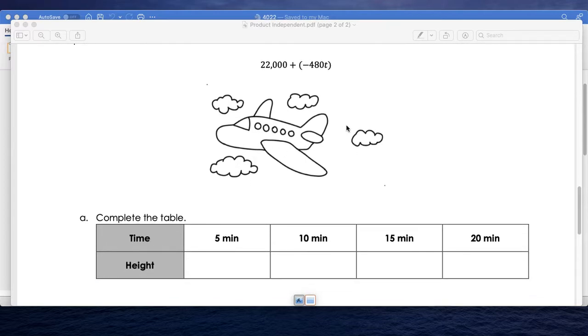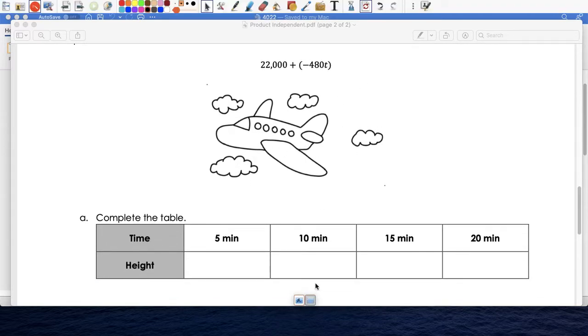So imagine your airplane, and I know there's a graph at the bottom, but I'm going to use a little graph here. Right now, at this very moment, the airplane is here, 22,000 feet above the ground, and 5 minutes later, if you start the clock right now and five minutes pass, where's the airplane?